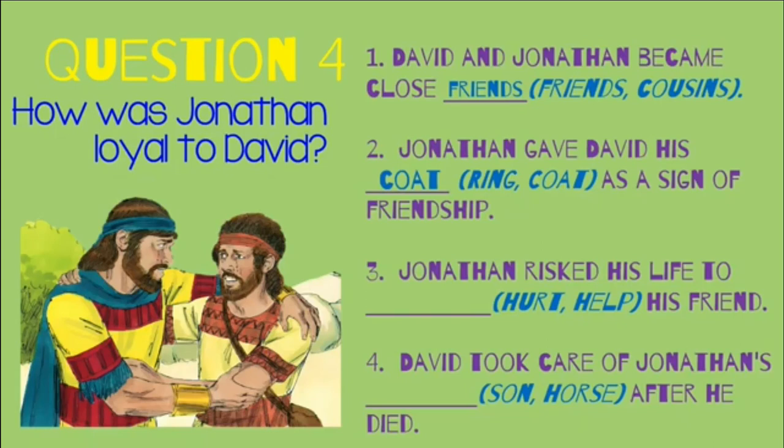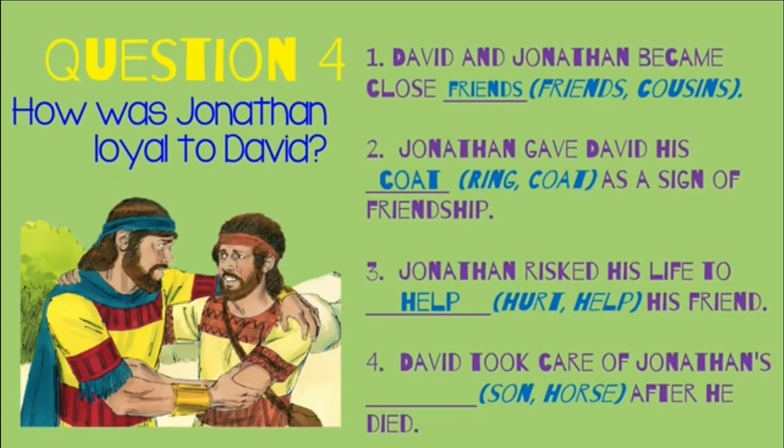Jonathan risked his life to blank his friend. Oh, that's an easy one. I heard you say it. Jonathan risked his life to help his friend. Yes, he didn't want to hurt him. Number 4.